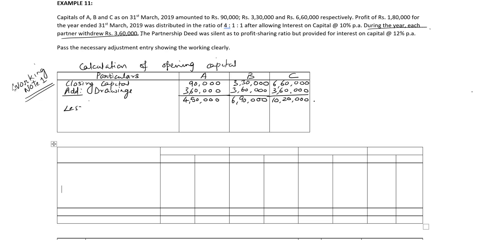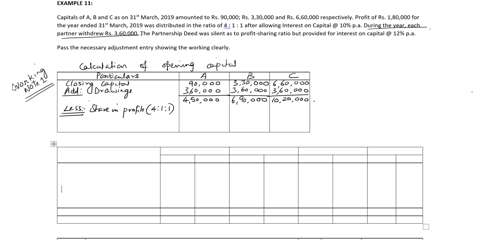The profits have already been transferred to the capital accounts, so we'll deduct the share in profits. The ratio in which the profits have been distributed is 4:1:1.